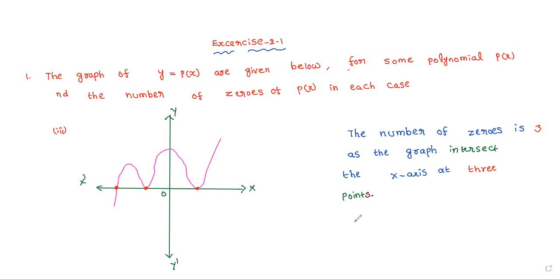This graph is known as a cubic polynomial. What type of graph, ma? Cubic polynomial. If the number of zeros is 3, then it is called a cubic polynomial. Okay. Very important, ma.